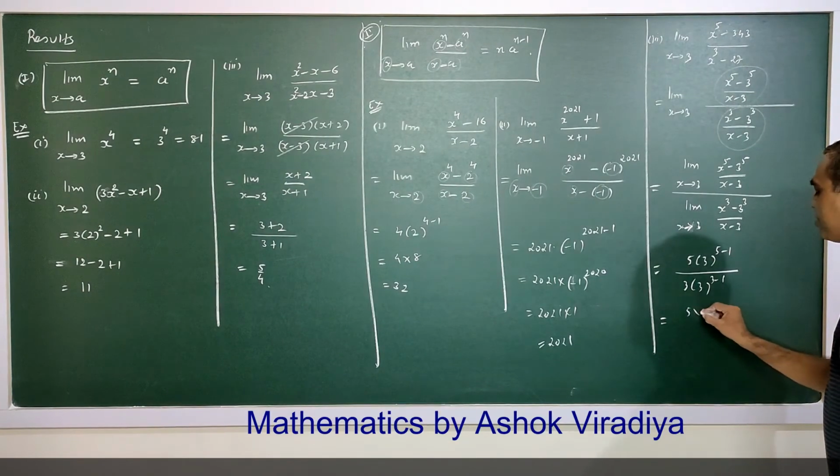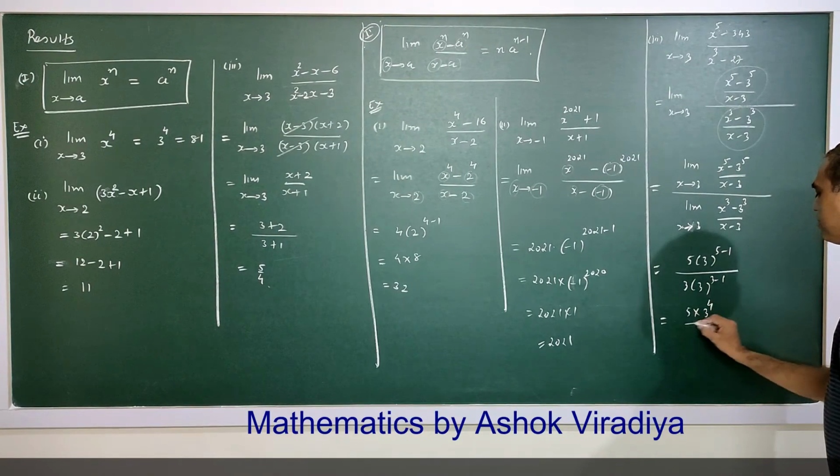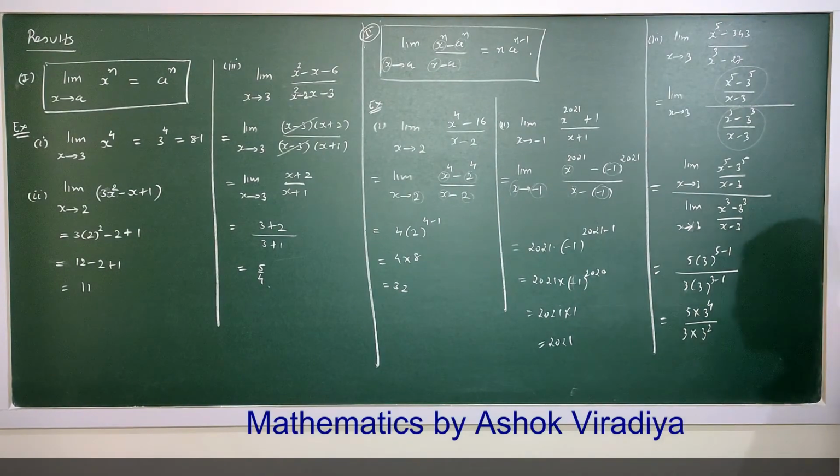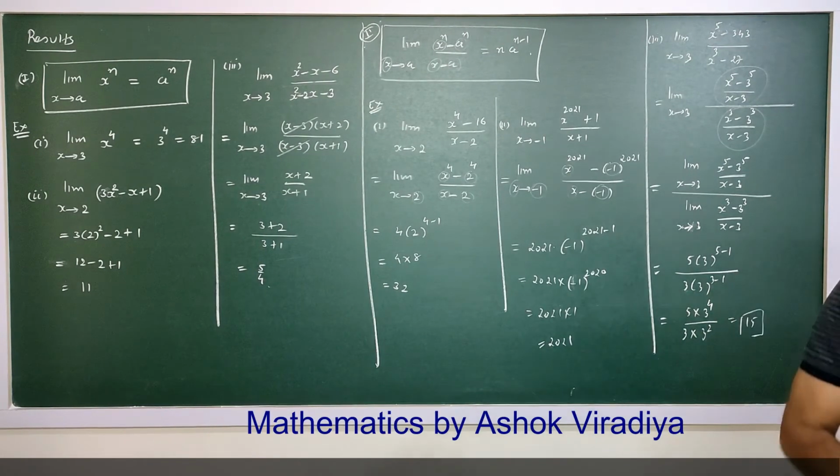So this is 5 into 3 raised to 4 upon 3 into 3 square. So this is 15. Limit of this function is 15.